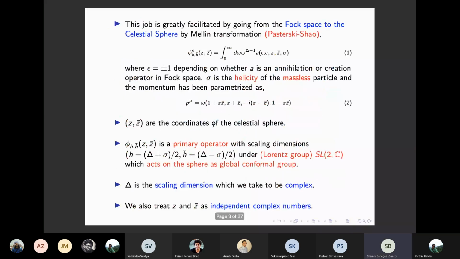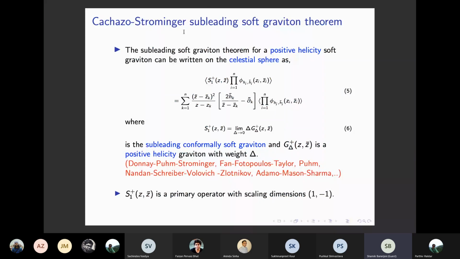So let me start with the subleading soft graviton theorem, which can be written in this form, where these phi's are the ones we have already introduced, and S1 plus Z Z bar is defined in equation 6.